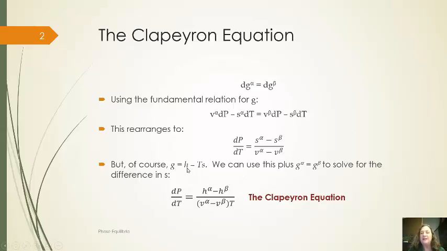When I solve for S, I get something that looks like H minus G over T. But the G's will be the same for the alpha and the beta phase. So that leads to dP/dT equals H alpha minus H beta over V alpha minus V beta, all divided by T. Now this is known as the Clapeyron equation, and it's theoretically true and correct for any two phases in equilibrium.